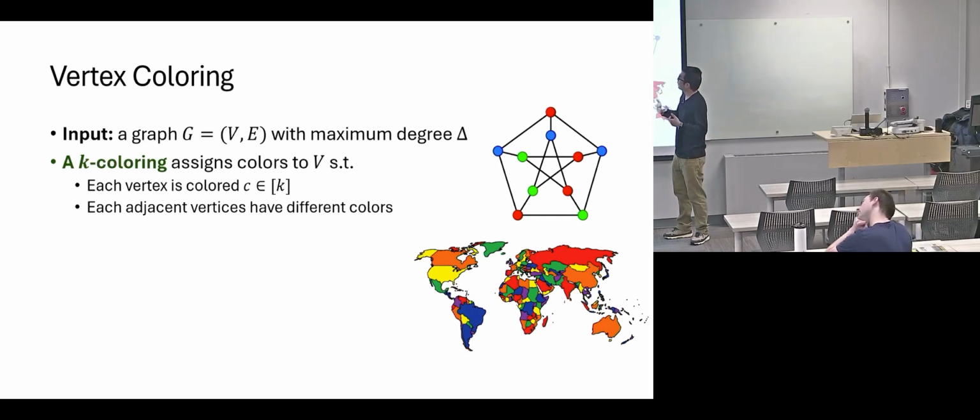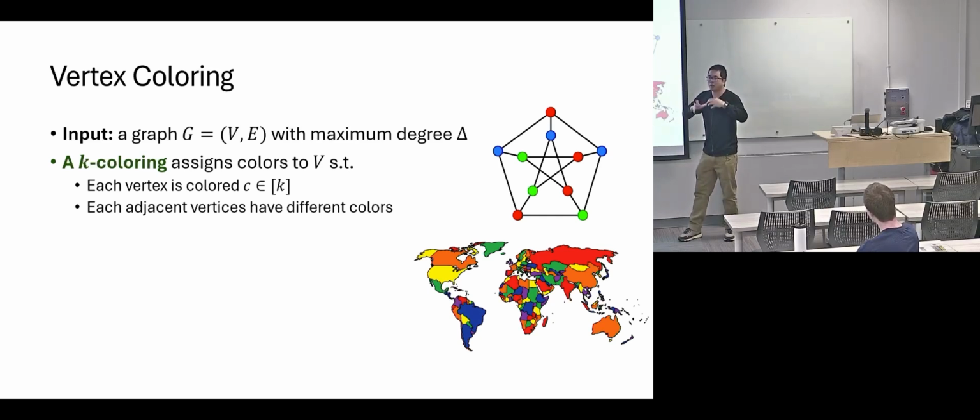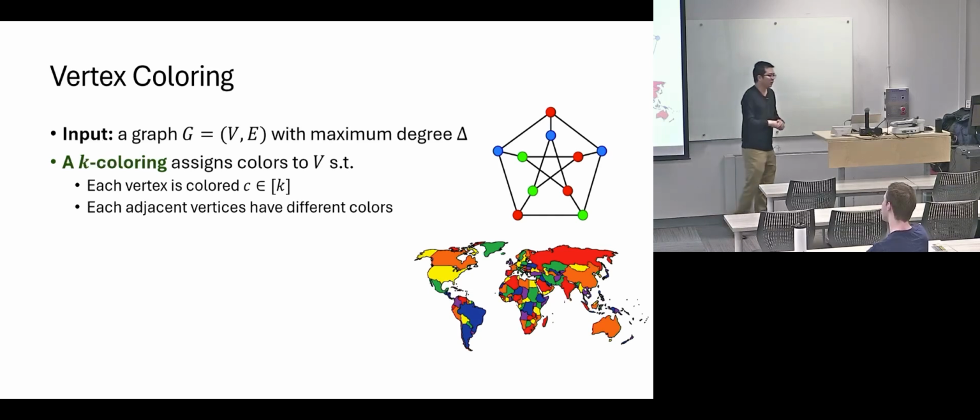When you have a coloring of a graph, you can cluster vertices into sets such that within each set there's no conflict. So it's useful at a high level like that, but actually it's used a lot as a subroutine in many other problems.